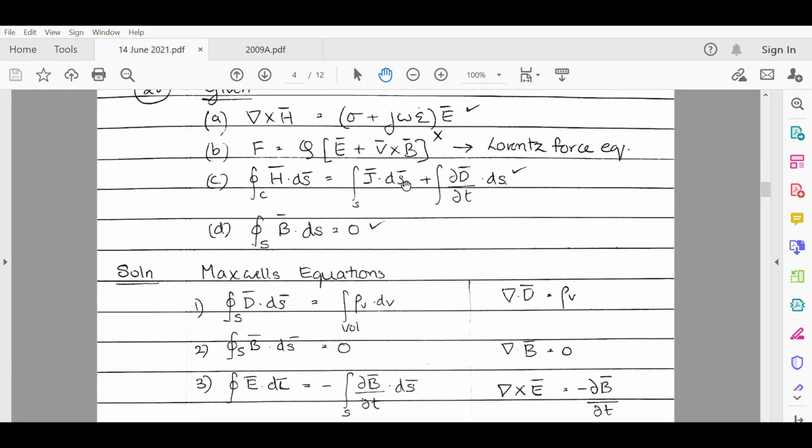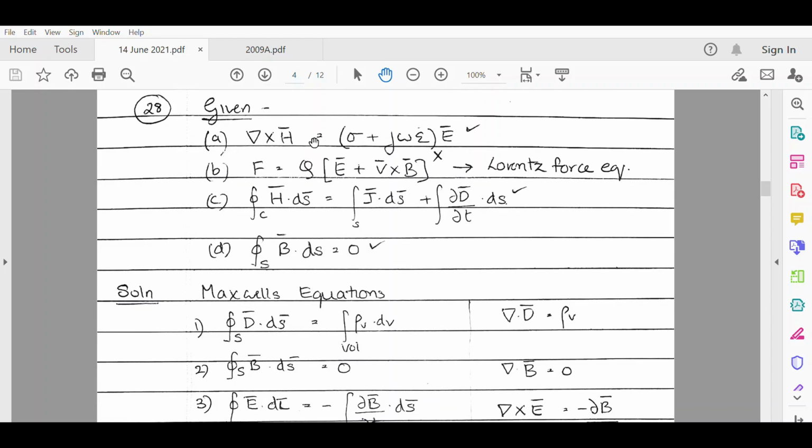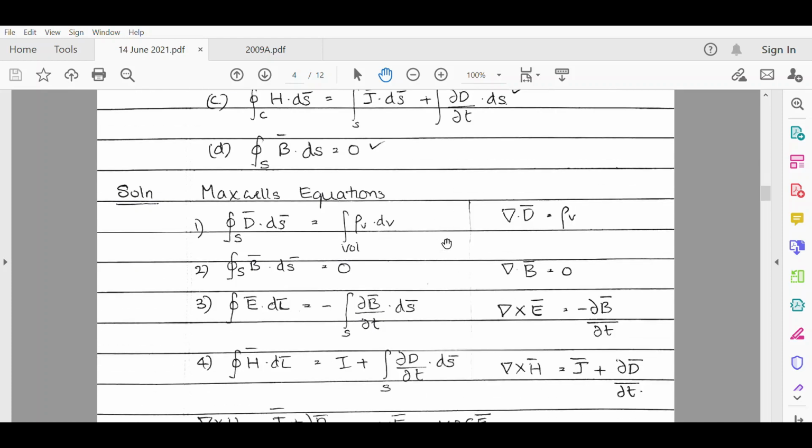Now the given 4 equations have been shown here, and the Maxwell's 4 equations have been written over here in the integral form as well as in the point form.